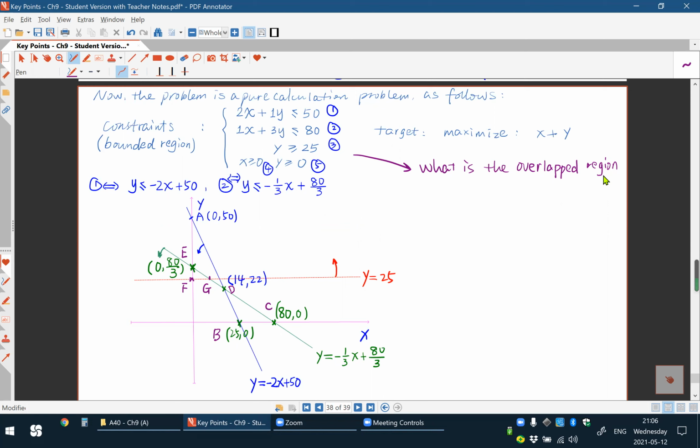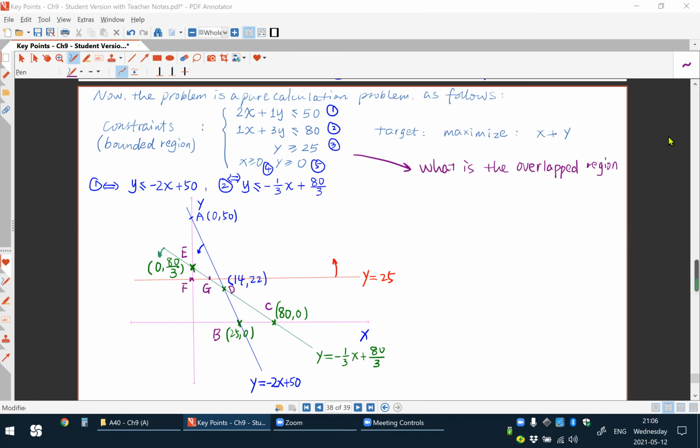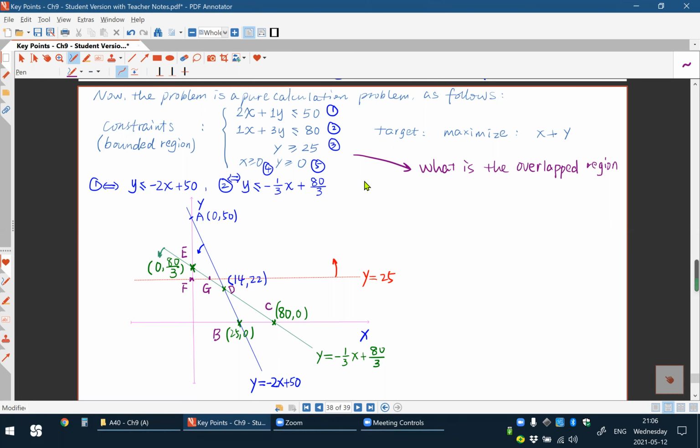Can you see that? The region, it should be an area, not a point.